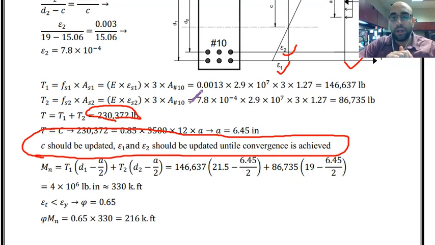If the difference is high, I'm talking about 1% difference. That is the kind of convergence rate that we usually have in a structural analysis. If the difference is high, we have to continue this analysis until we reach convergence.